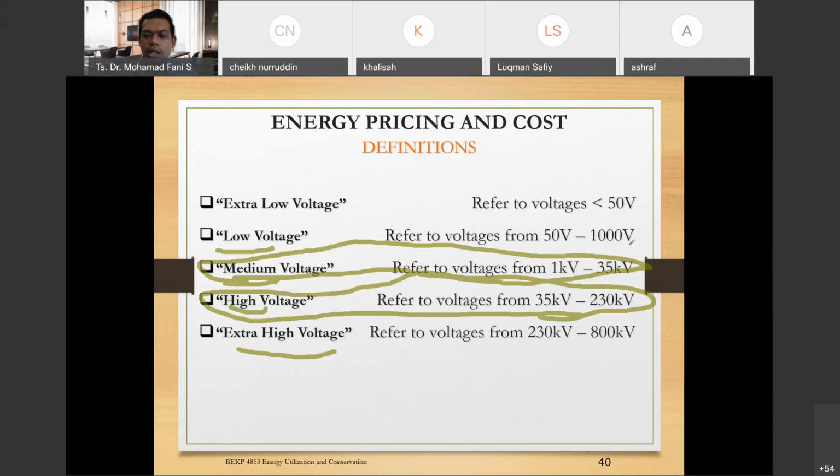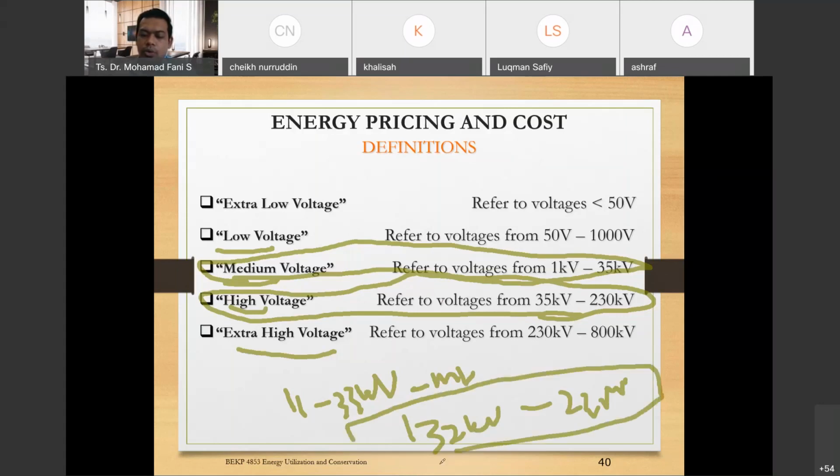And in Malaysia, as you know, we have 11 and 33 kV for the medium voltage, and the high voltage tapping from the transmission line, we have 132 kV until 200 something kV. That one is for the high voltage.